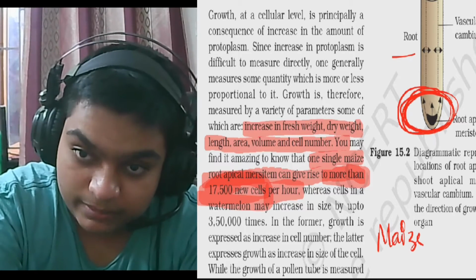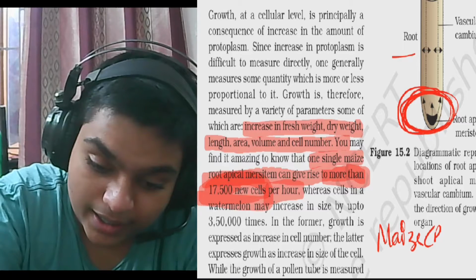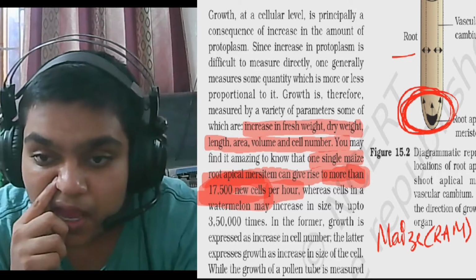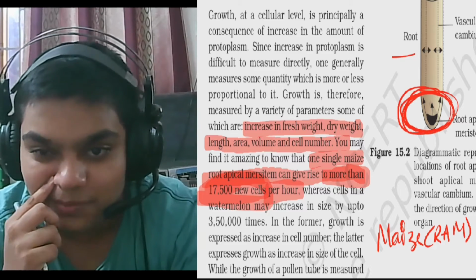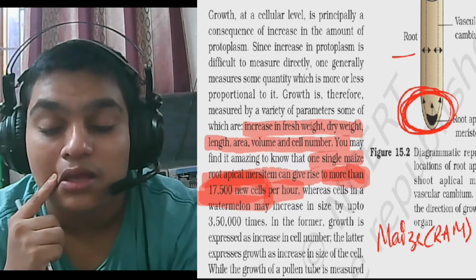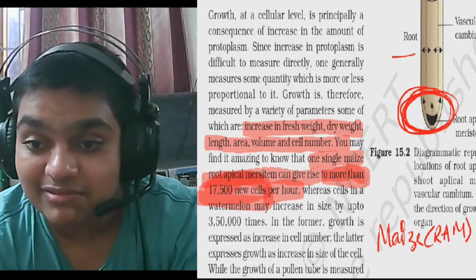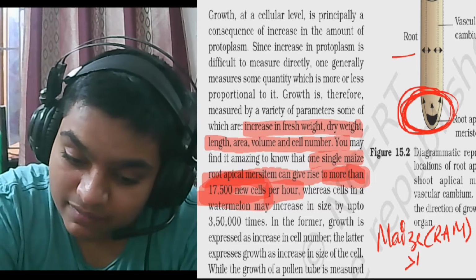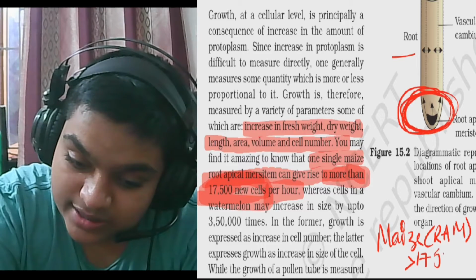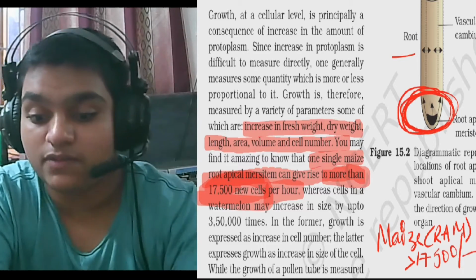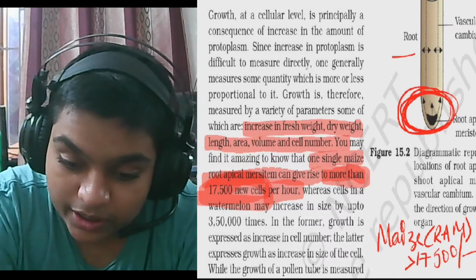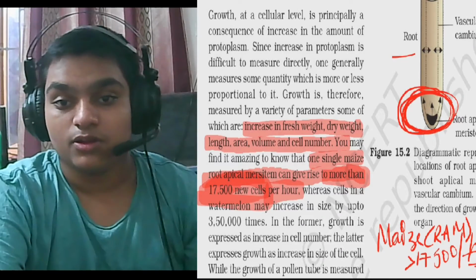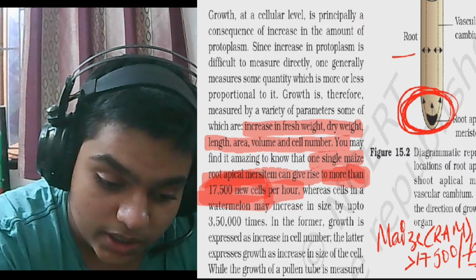The root apical meristem of the maize plant, RAM, root apical meristem, SAM, shoot apical meristem, not Samantha. This RAM can give rise to more than 17,500 new cells per hour. Are you understanding? Per hour. Okay, write it somewhere, it is important.